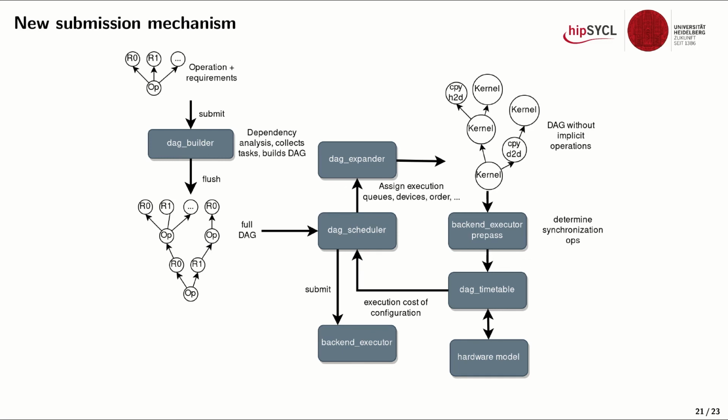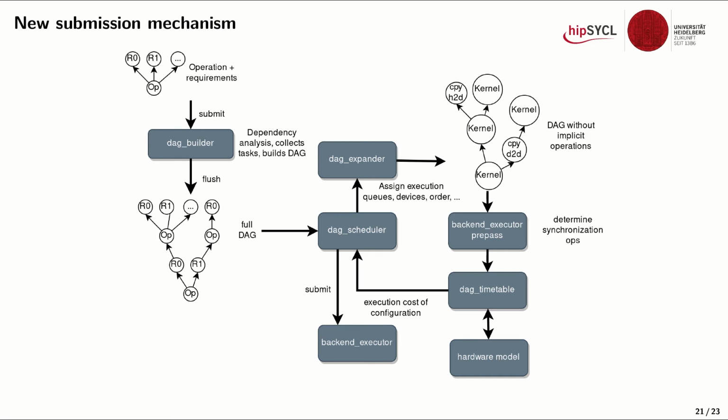And the DAG scheduler then enters an optimization loop, where it plays with assigning execution queues to the operations, assigning devices for execution to the operations if the user hasn't specified, changing the order of operations and so on, and then gives this to the DAG expander.